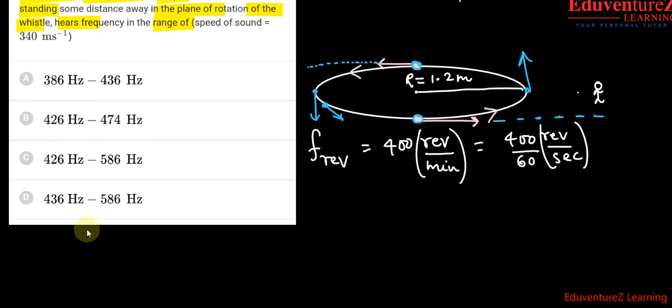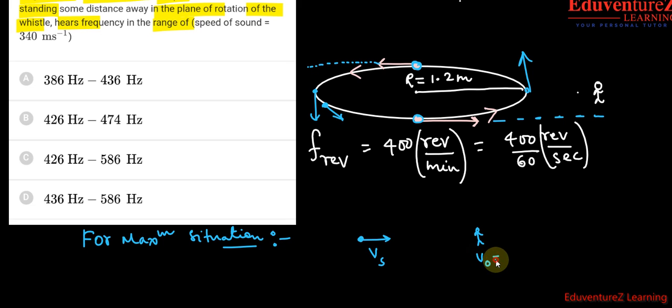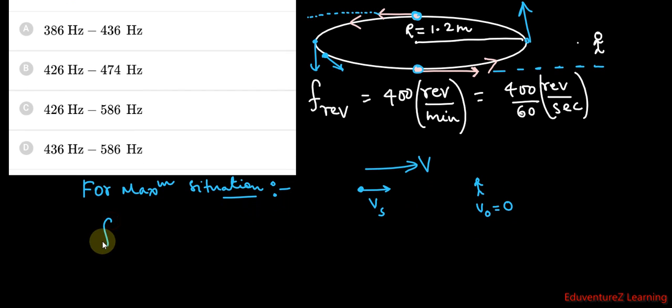Okay, so for the maximum situation we observe that the source is moving in this direction and the person is standing here, so the velocity of the observer is 0. The sound is going from the source to the man. We know from Doppler's effect that f dash equals f into v upon v.